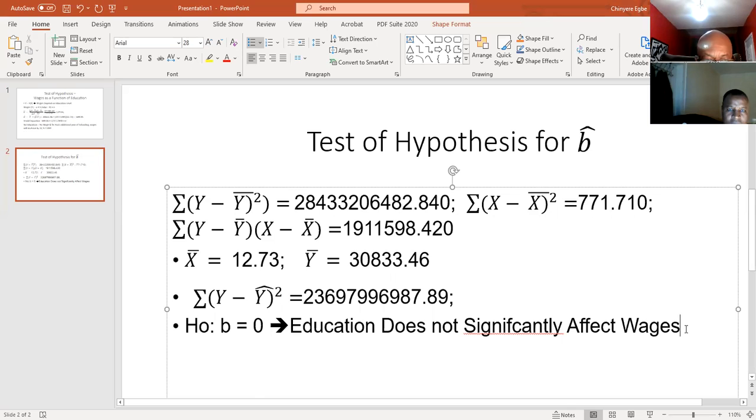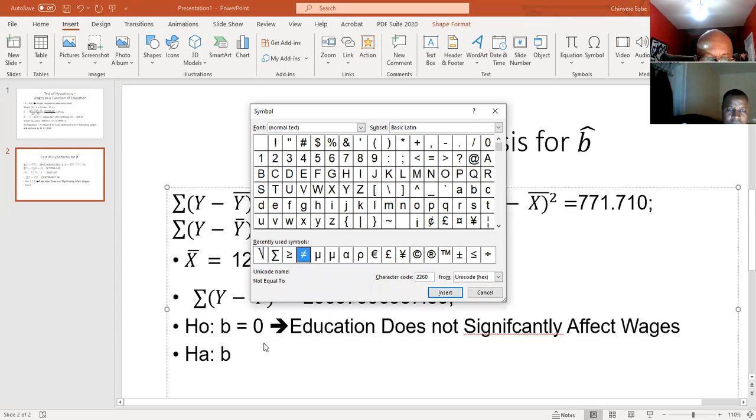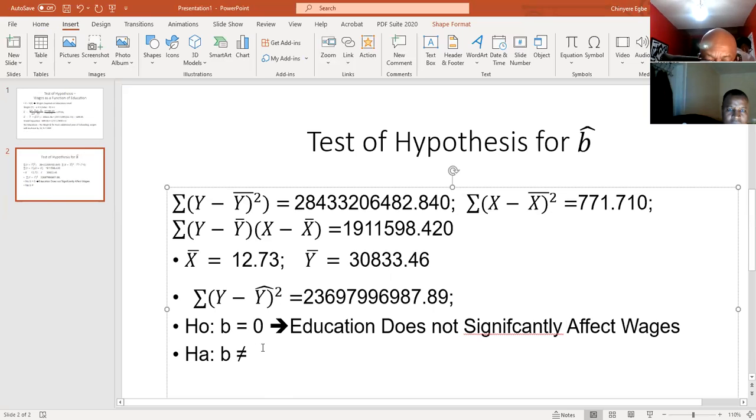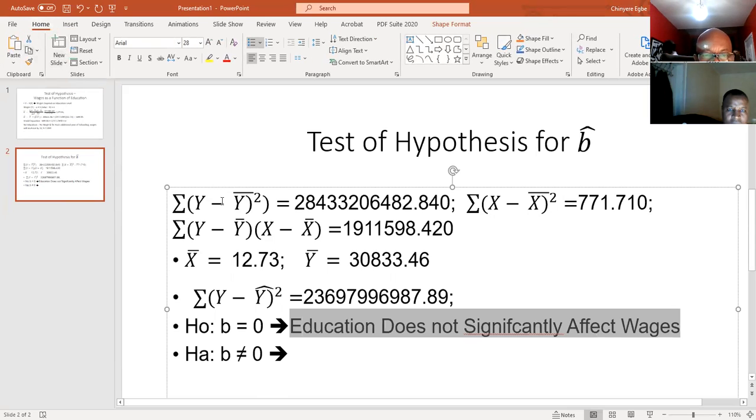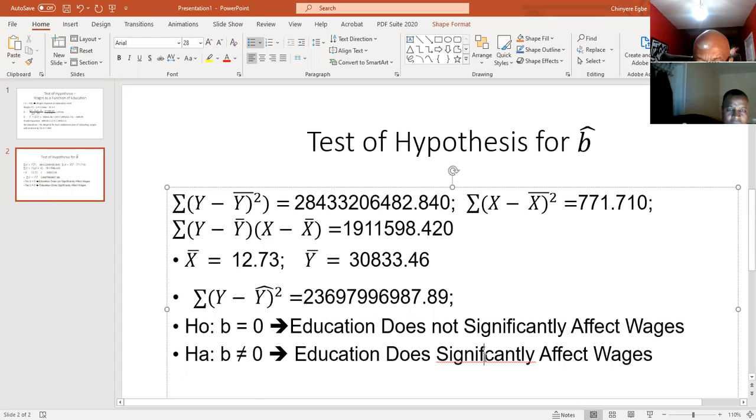The alternate hypothesis is that B is not equal to 0, which says that education does significantly affect wages.